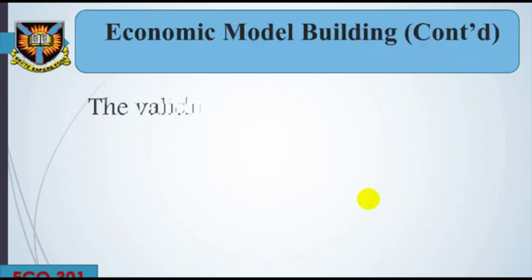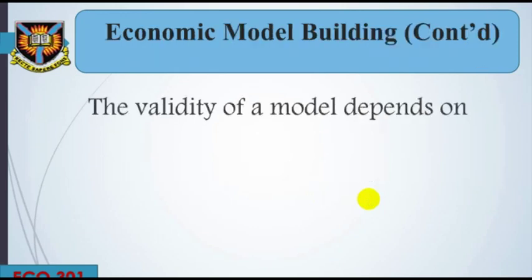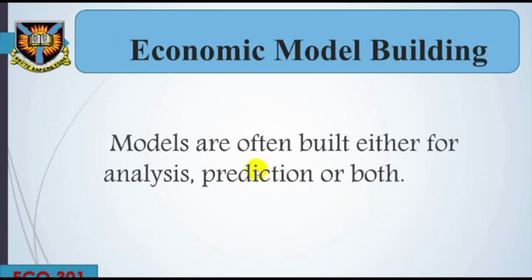Analysis implies the explanation of the behavior of economic systems, while predictive models aim at forecasting the effect of changes in some magnitudes on the economy.